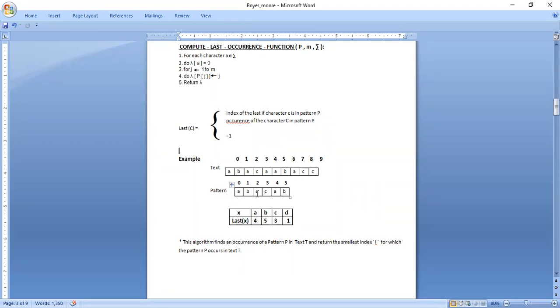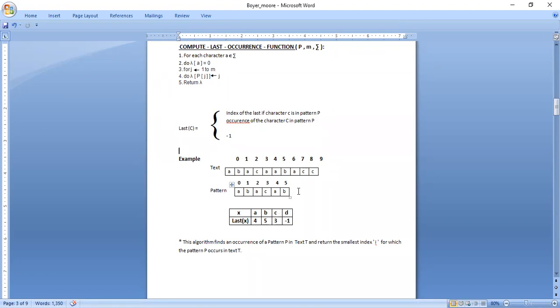In the pattern, you can see B exists 2 times: first at position 1, again at position 5. So the last value of B, I am going to take as 5. C exists only 1 time, at position 3, so last of C is 3.